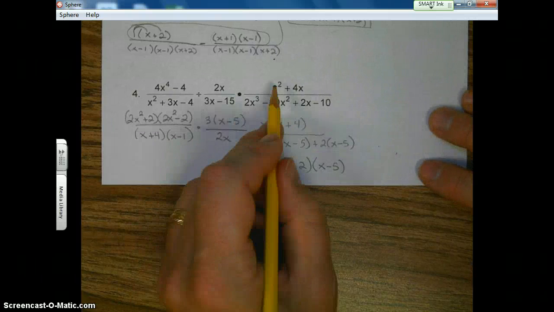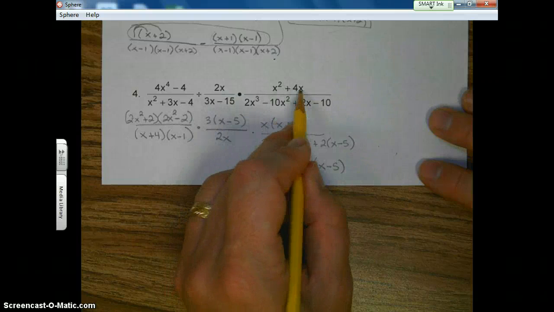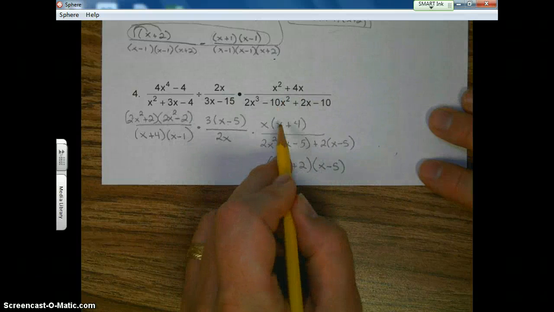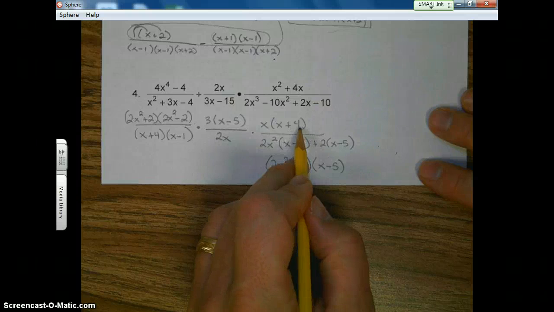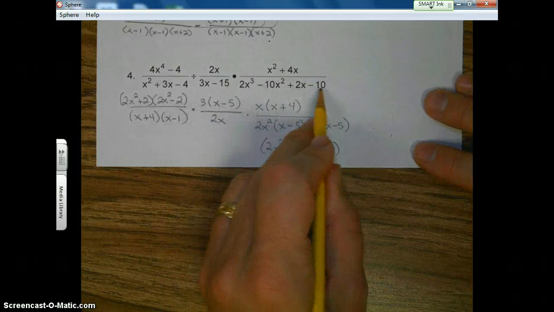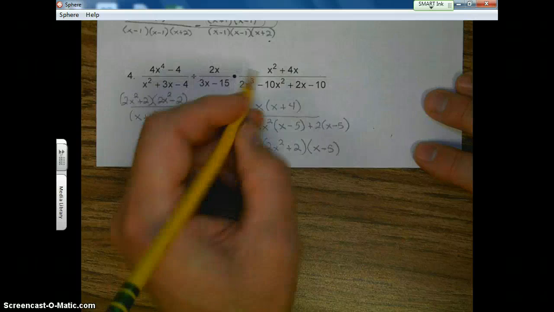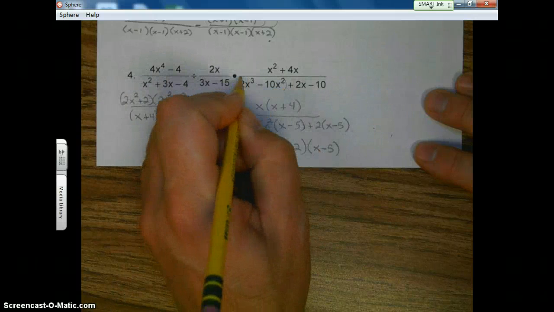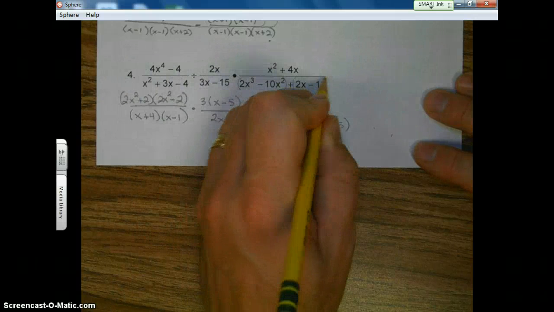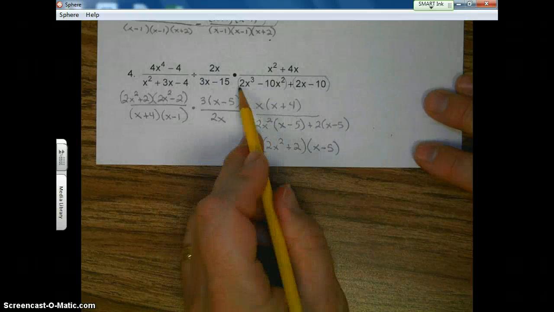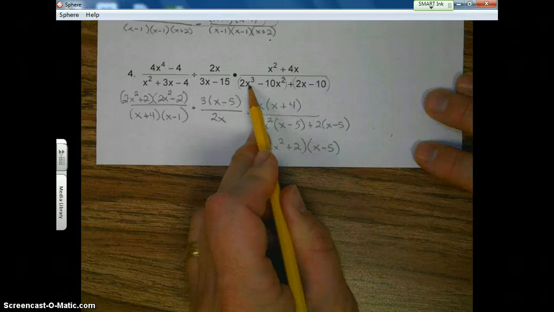Times. And here I factored out an x out of both terms, and I got x + 4. Here is a factoring by grouping. So I grouped the first two. I grouped the last two. Here I factored out a 2 out of both terms and an x² out of both terms.